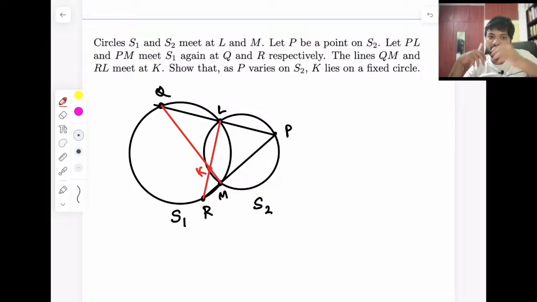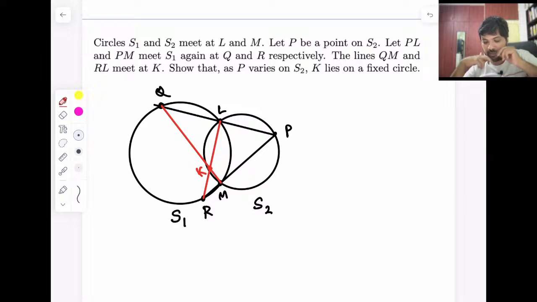So what would we do now? What do we know? PLQ are collinear, PMR are collinear. I think we can chase angles.